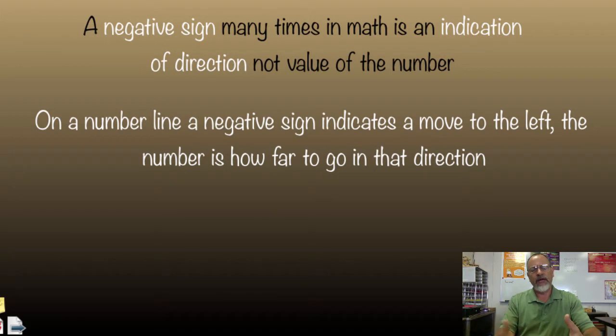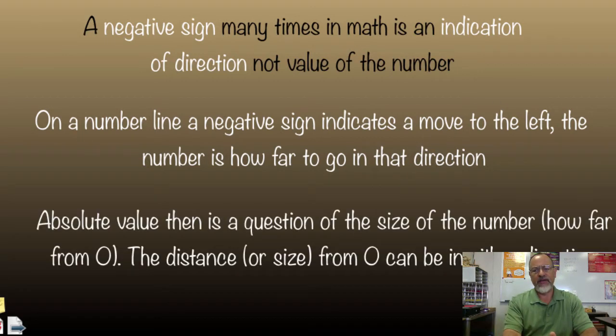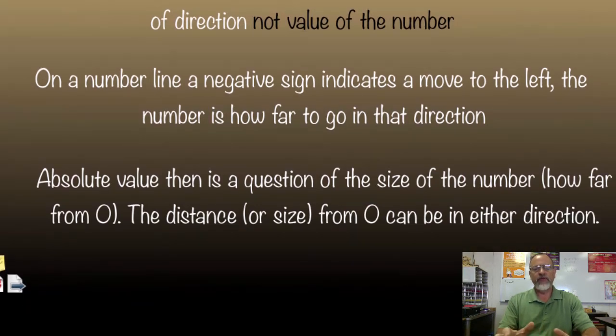So on a horizontal number line, a negative sign will indicate a move to the left. A positive sign or lack of a negative sign would indicate a move to the right. And what we're concerned with in absolute value is simply how far do we have to go. So absolute value, to wrap this up, is a question of the size of the number.